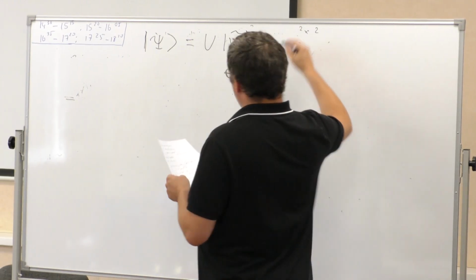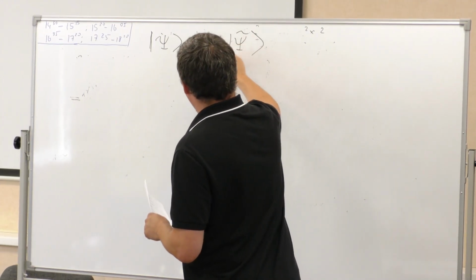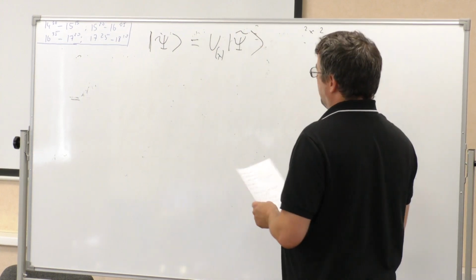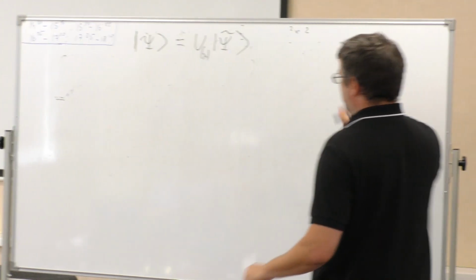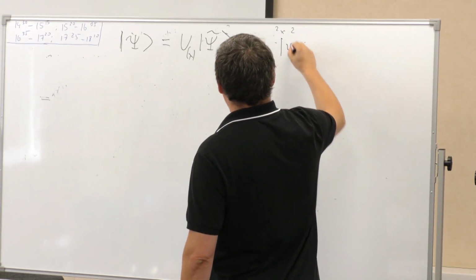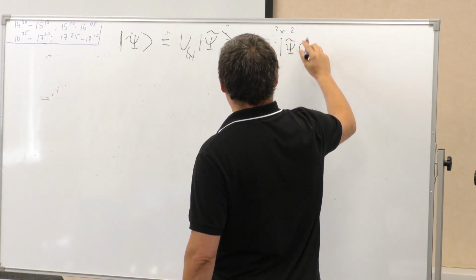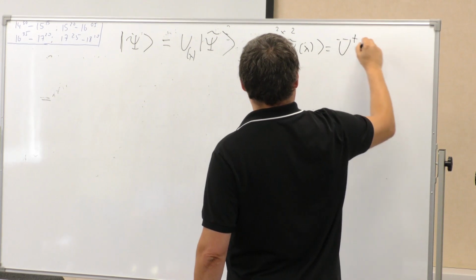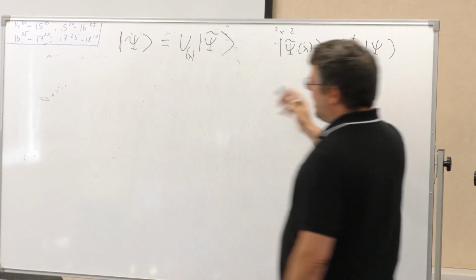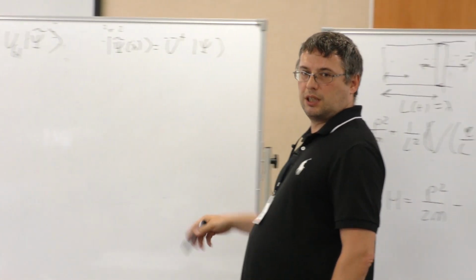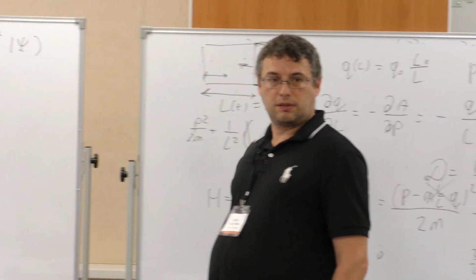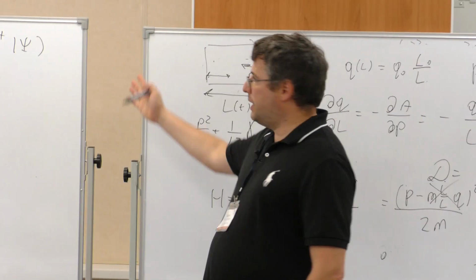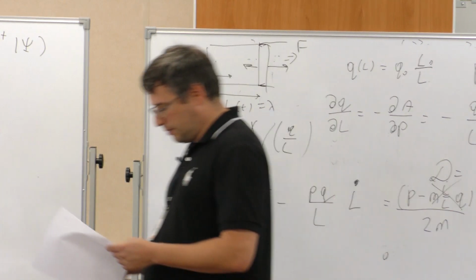So given some state psi, I can always define some unitary transformation. So far, let me untie it from the Hamiltonian just to set the language. psi tilde of lambda is equal to U dagger times psi. So far, psi is some fixed state, and psi tilde is my rotated state. It can be a basis state or some other state, right?